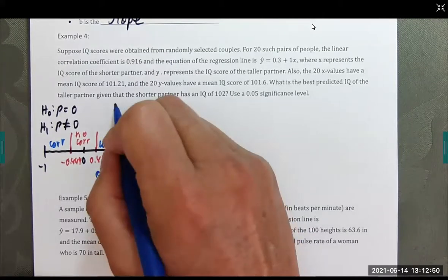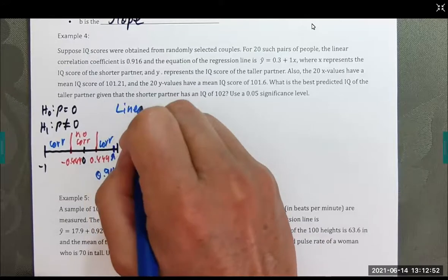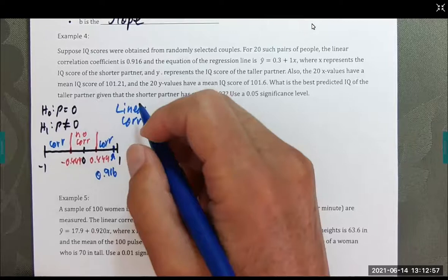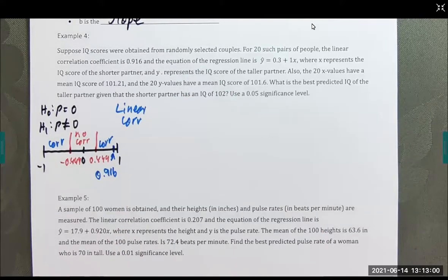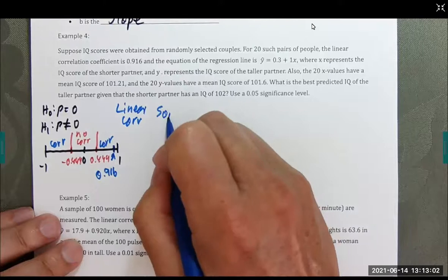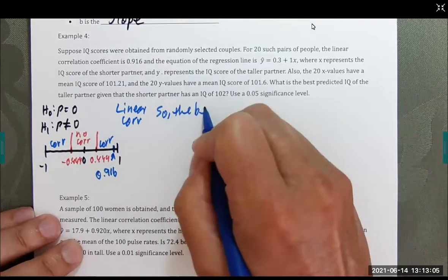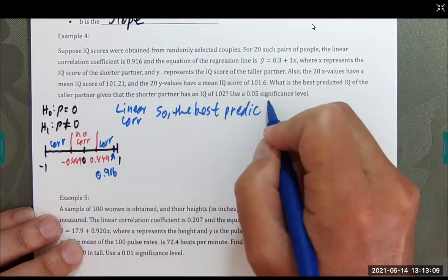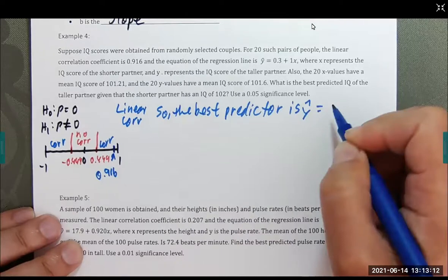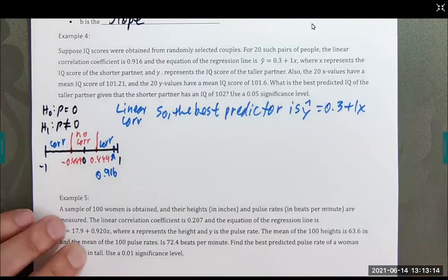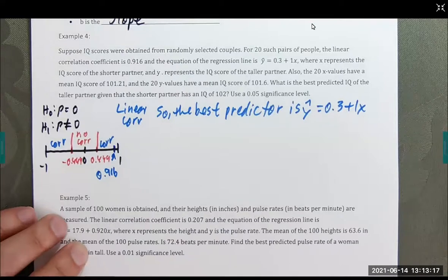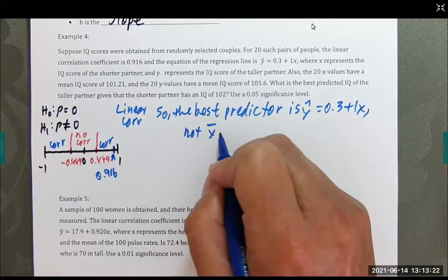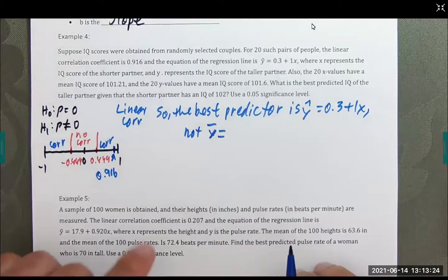So the best predictor is y hat equals, what is it, 0.3 plus 1x. Not y bar in this case, which was 101.6.